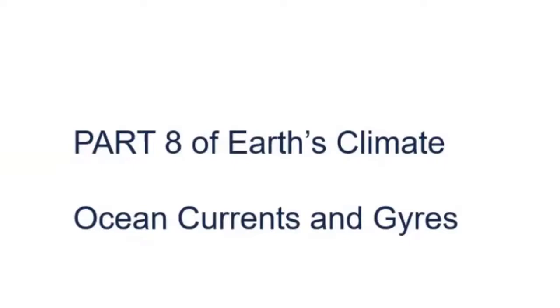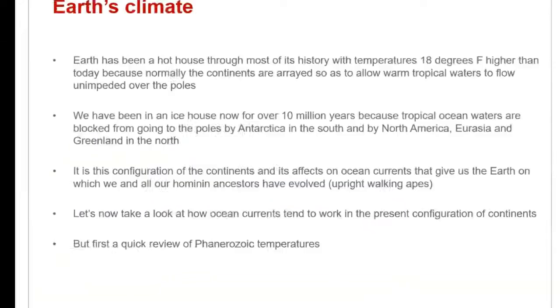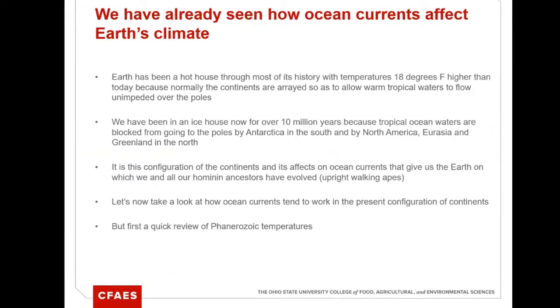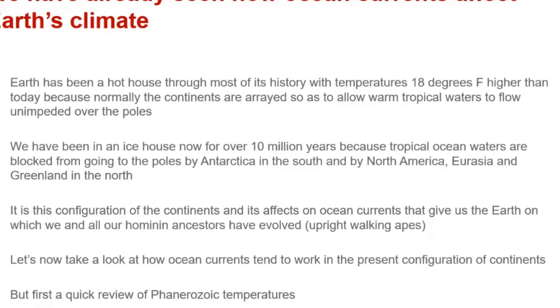And you can't understand the climate without understanding the ocean currents. We've already seen, even from the very first lesson I gave, episode 1, you might want to go back and look at that, that Earth, during most of its history, has been a lot warmer than it is today.